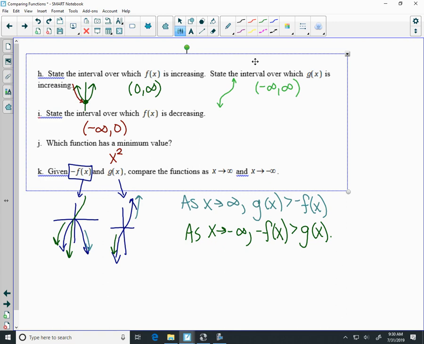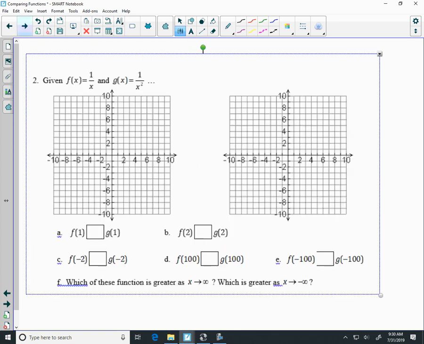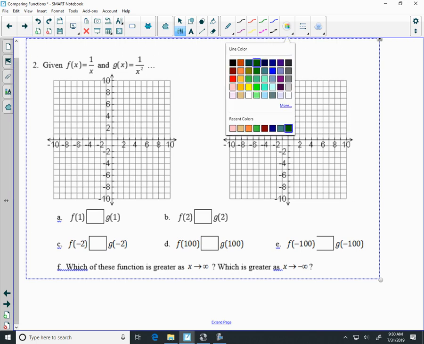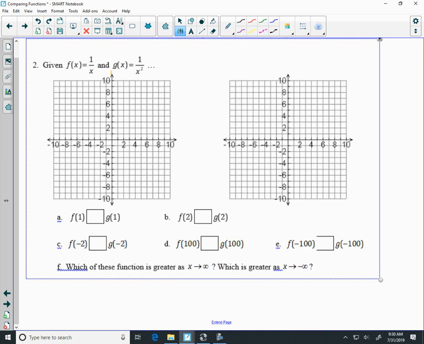All right, we're going to do 2 more function comparisons on this video. The next functions we're going to compare, and they're going to go a little quicker, are 1 over x and 1 over x squared. So 1 over x has a vertical asymptote at x equals 0 and a horizontal asymptote at y equals 0.